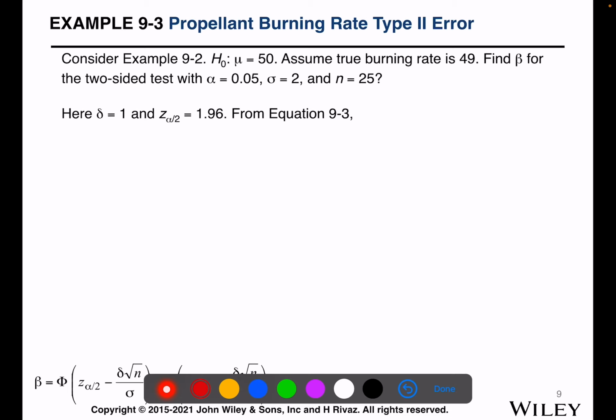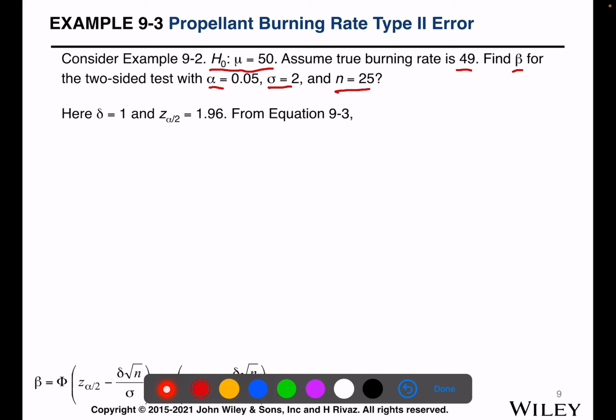So the question is, the null hypothesis is 50, and the true burning rate is 49. So we want to find beta or type 2 error for the two-sided case with this alpha and sigma of the population of 2, and n is equal to 25.